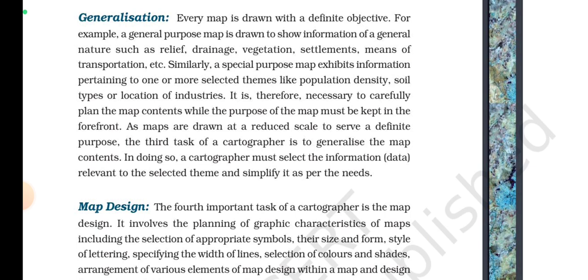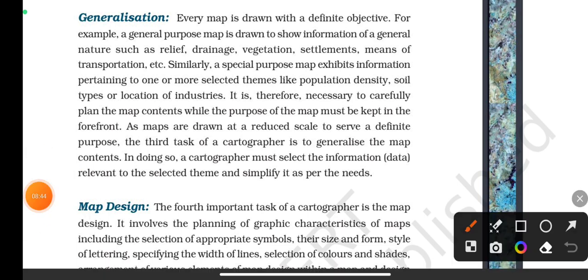Then generalization. Every map is drawn with a definite objective. For example, a general purpose map is drawn to show information of a general nature such as relief, drainage, vegetation, settlements, means of transportation, etc. Similarly, a special purpose map exhibits information pertaining to one or more selected themes like population density, soil types or location of industries.